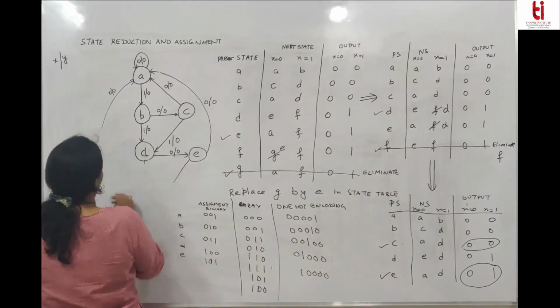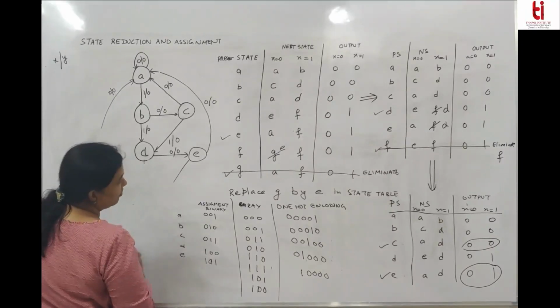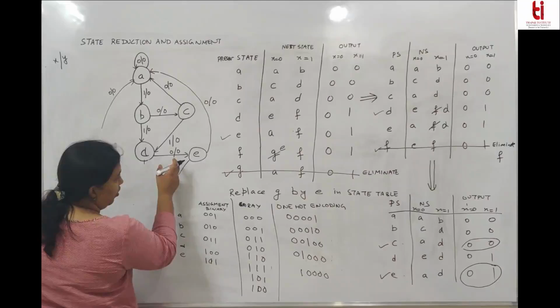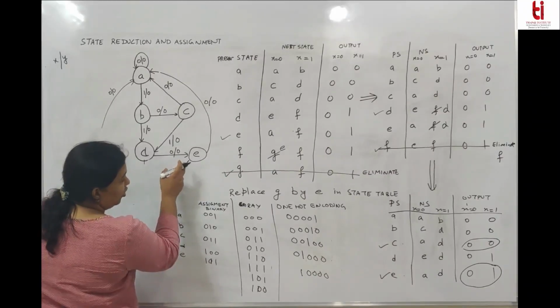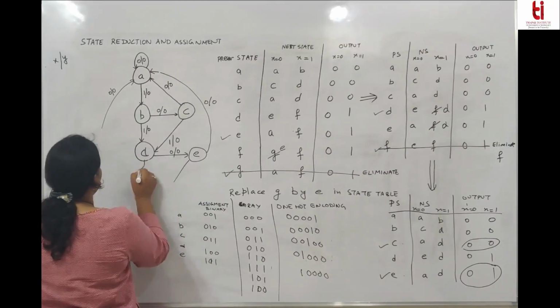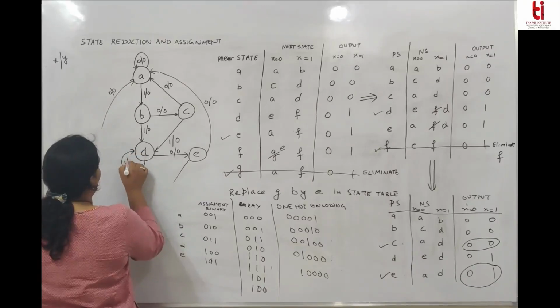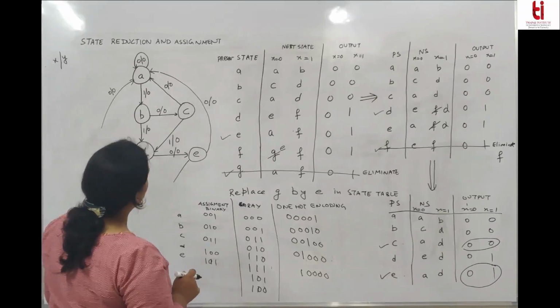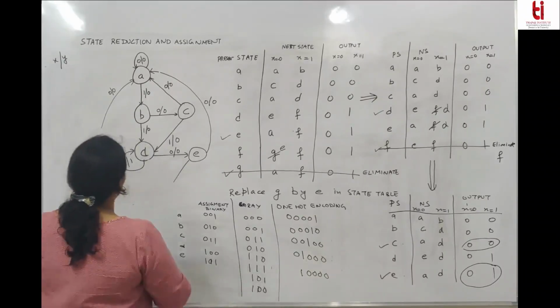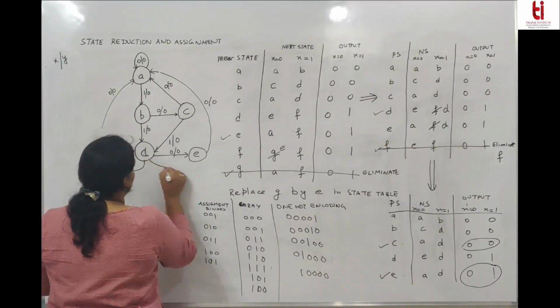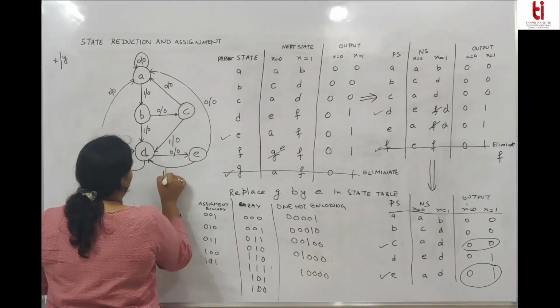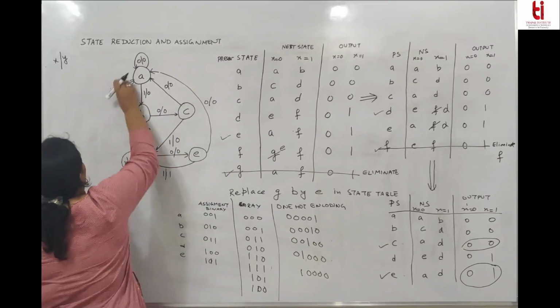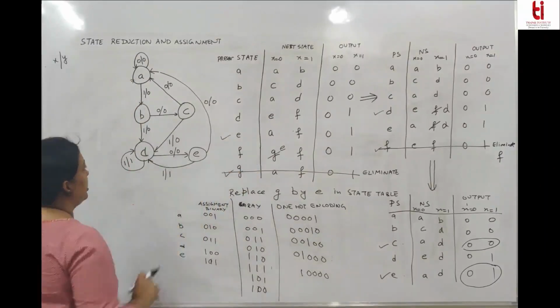This is the reduced state diagram. From D it goes to E on 0 and the output is 0, and it remains within the same state for 1, output 1. From E it goes to A on 0 and it goes to D on 1, output 1. So this is the reduced state diagram for the given state table.